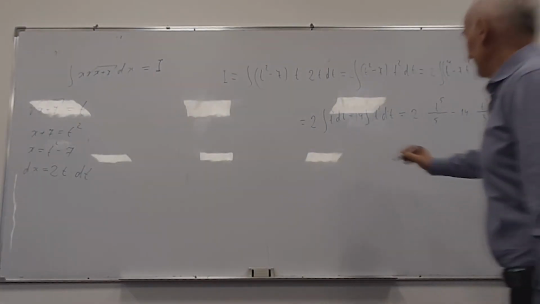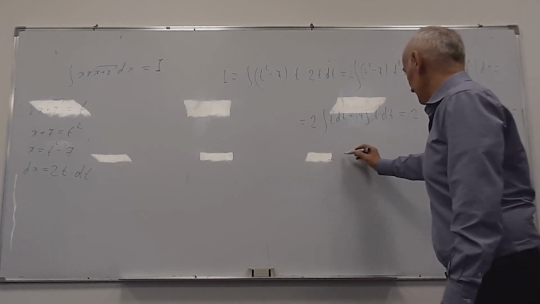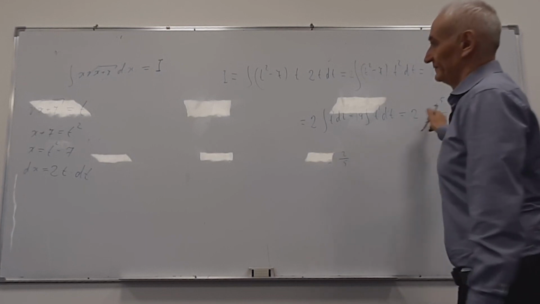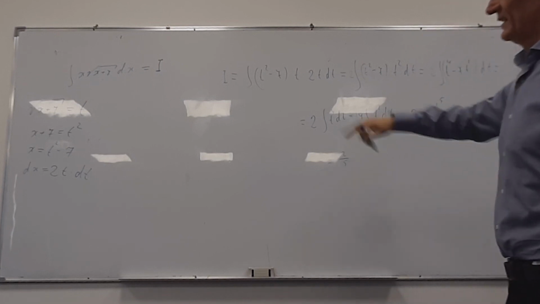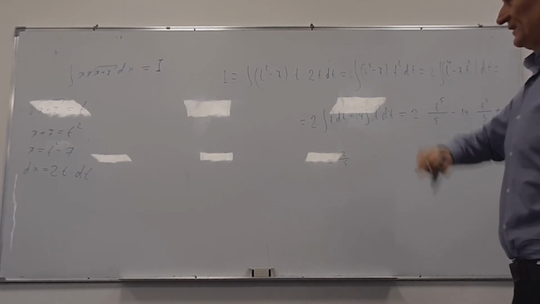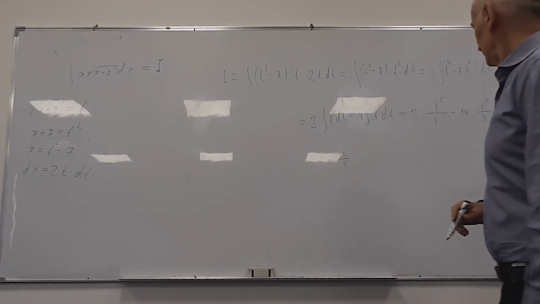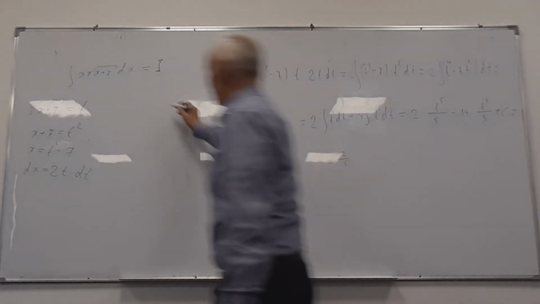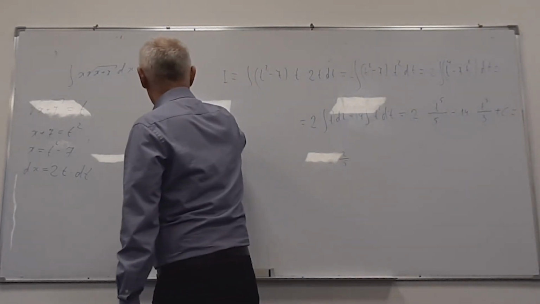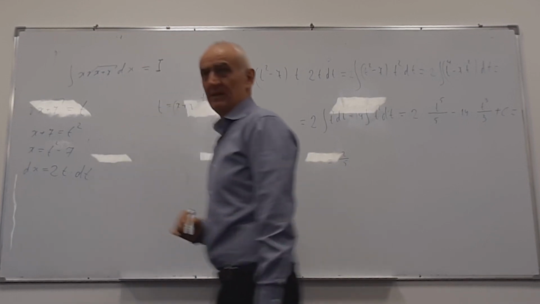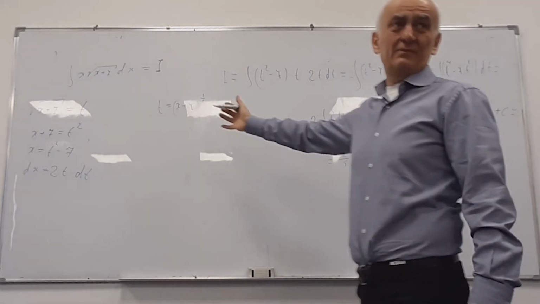Plus c, and in the original variable we have 2 over 5, and what is t? x plus 7. Maybe good idea to write t as x plus 7 to power 1 over 2, or we can keep root.